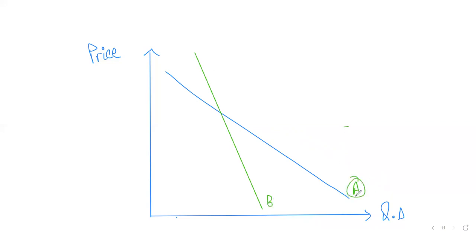A is less steep, so A is more elastic, and B is steep, so B is less elastic. Any confusion about this?